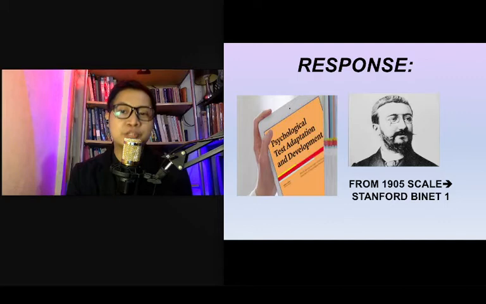Kaya siya tinawag na Stanford Binet, to give credit to the university where Louis Terman was working at nung inadapt niya yung original 1905 scale from French, ginawa niyang more Americanized. Ganon din dapat sa Philippine testing, no? Yung mga test na ginagamit natin na foreign, kailangan gagawin nating more Filipino.